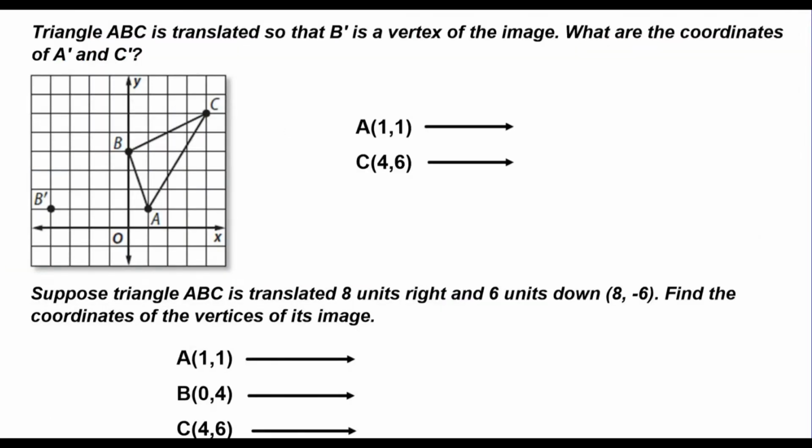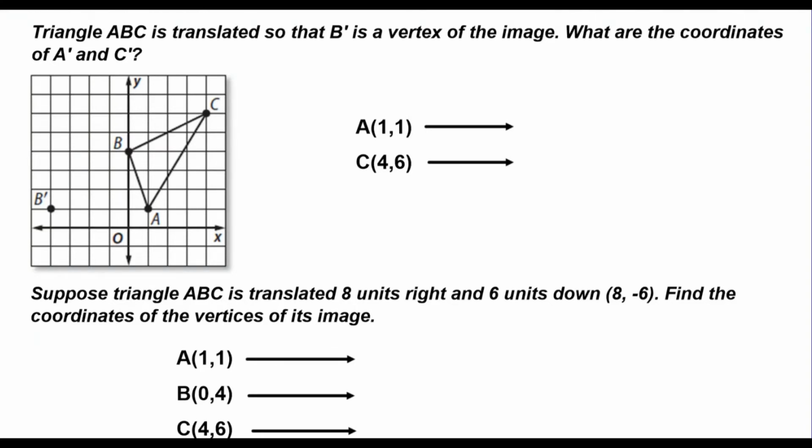So let's take a look at an example here and try to perform a translation. It says triangle ABC is translated, or slid, so that B prime is a vertex of the image. So B was moved from where it started to this new location over here. So B went to B prime. What kind of a translation was that? How far did it slide?